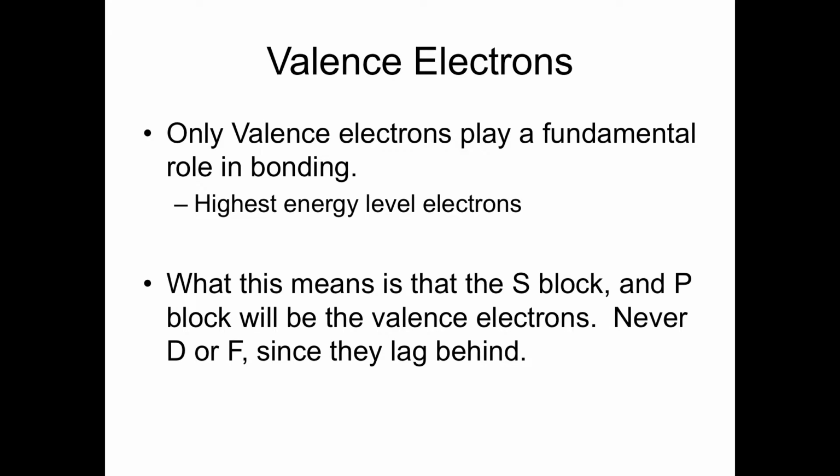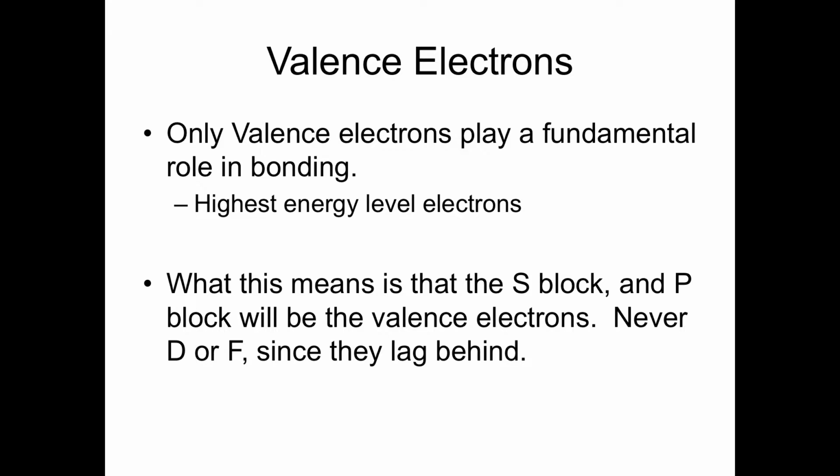What this means is the S block, if you remember from chapter 11, if you already did that chapter, the S block and the P block electrons are going to be our valence electrons, never D and F. They lag behind. What I mean by that is if you look at your periodic table, you would see the 4S block and the 4P block in one row, but in the same row you see the 3D.